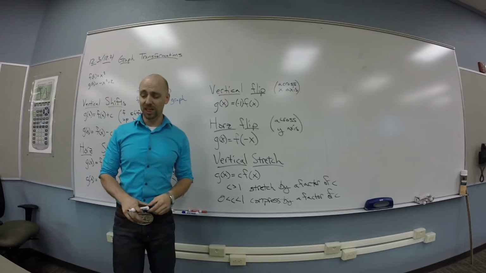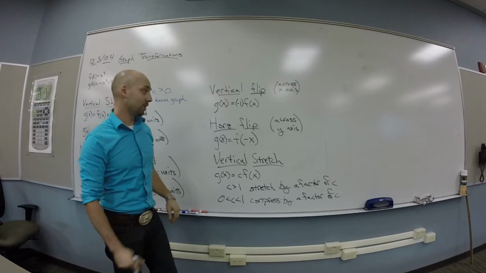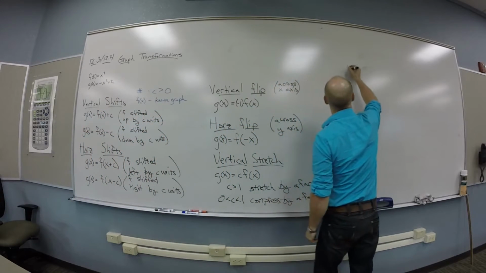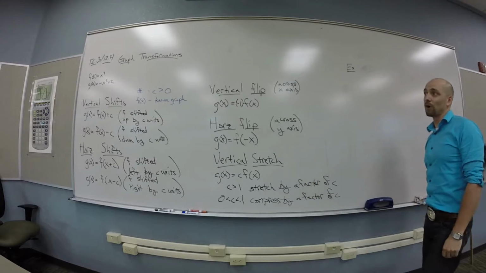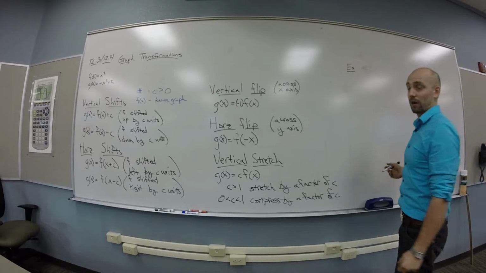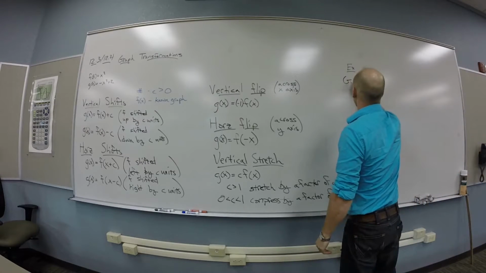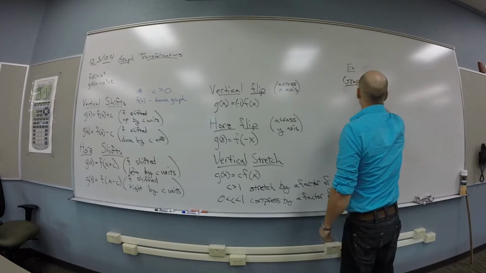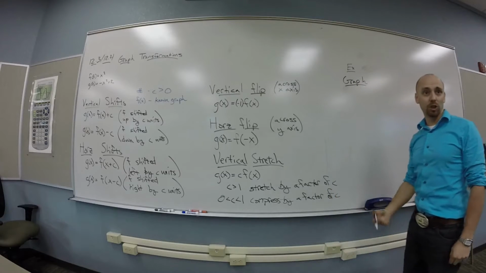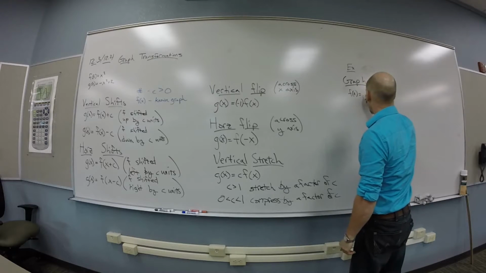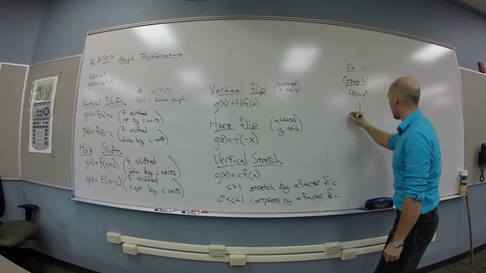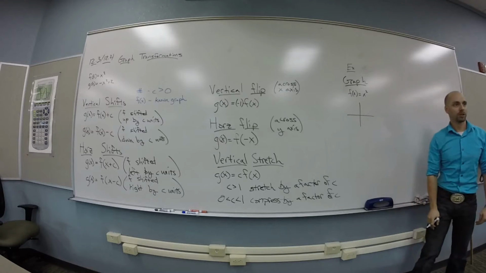All right, let's try some examples, because we can actually do some examples here. So let's start with a graph of a function I know, like x squared. I'm going to sketch graphs of the following kind of stuff. So how about f of x is x squared? Can I graph that? What's x squared look like?